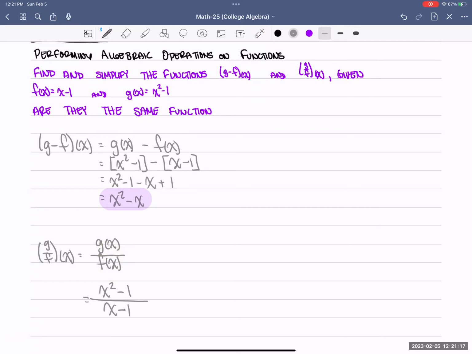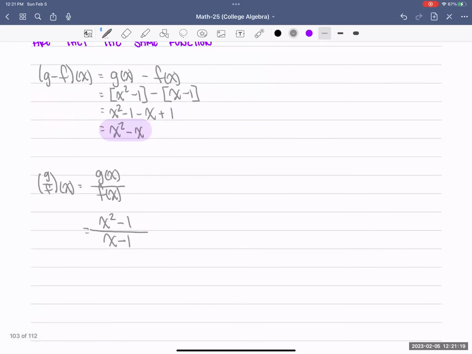And now we have these two binomials that we could factor. It looks like we could factor this numerator up here. That's the difference of squares. So if you guys don't remember what the difference of squares is, we have a squared minus b squared. We could factor that to be a plus b and a minus b.